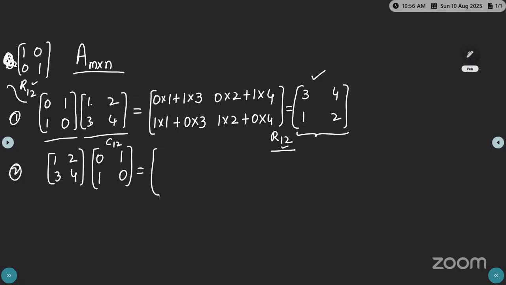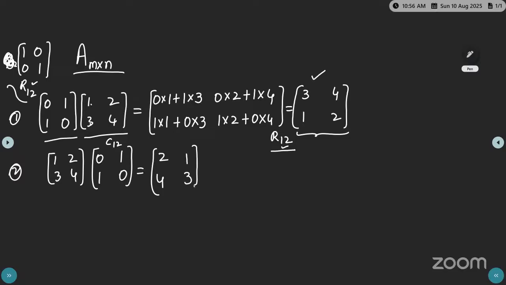So if you do the multiplication, it is 2. Next 1. Next 4. Next 3.